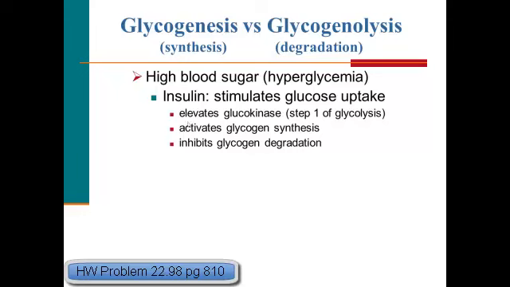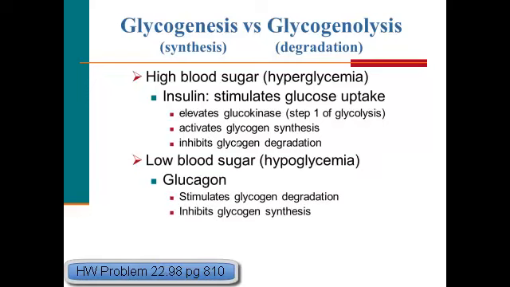So insulin will activate enzymes that will use glucose for energy, so the first step of glycolysis, or it'll activate certain cells to store that glucose as glycogen. At the same time, insulin is going to inhibit the degradation of glycogen. We don't want to be trying to build something at the same time we're trying to break something down.